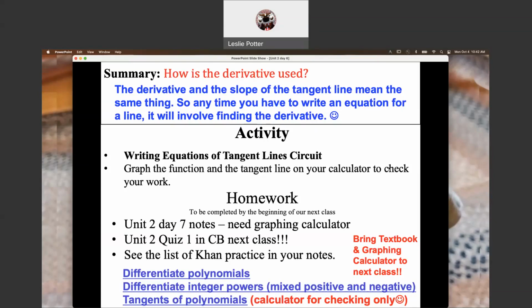The notes for tonight are really short. It's really having you set up your calculator, because tomorrow we're doing an inquiry activity where we'll be playing around with trig functions. Use your handheld, don't use your iPad calculator, and be sure to bring it to class.